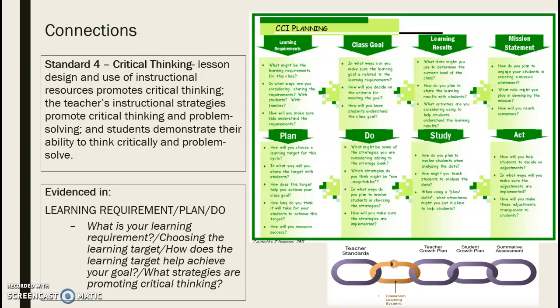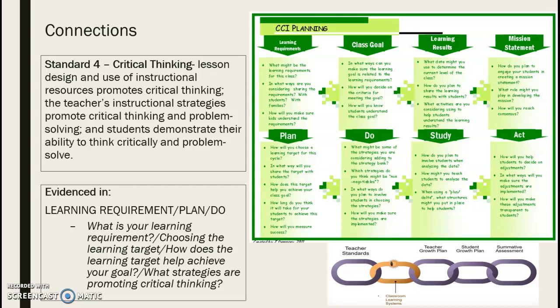So when we think about that and how it connects to classroom learning systems, we're looking at the learning requirements, the plan, and the do. So thinking about what is your learning requirement and how does that not only relate to the standards, but how does that promote that critical real world thinking?